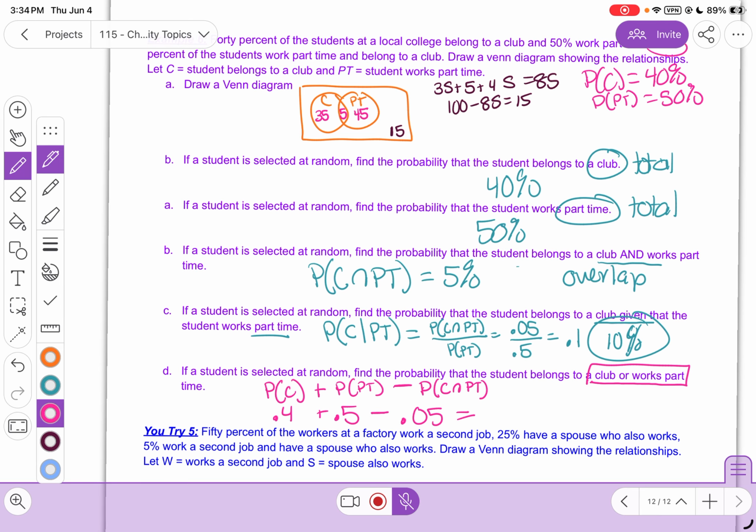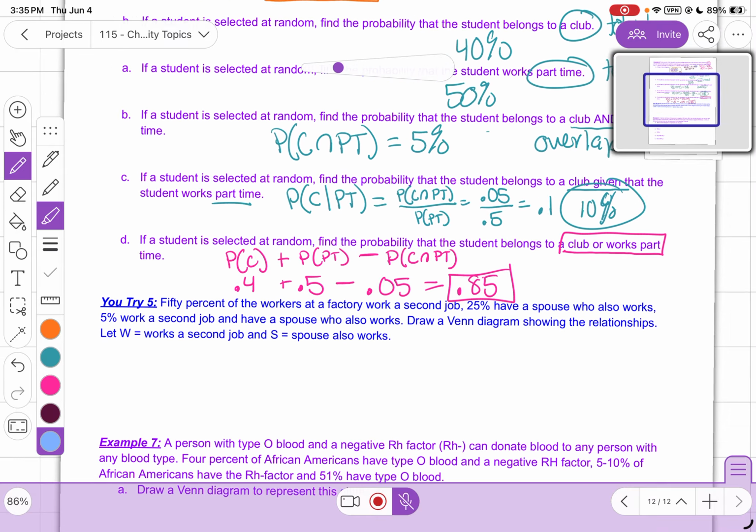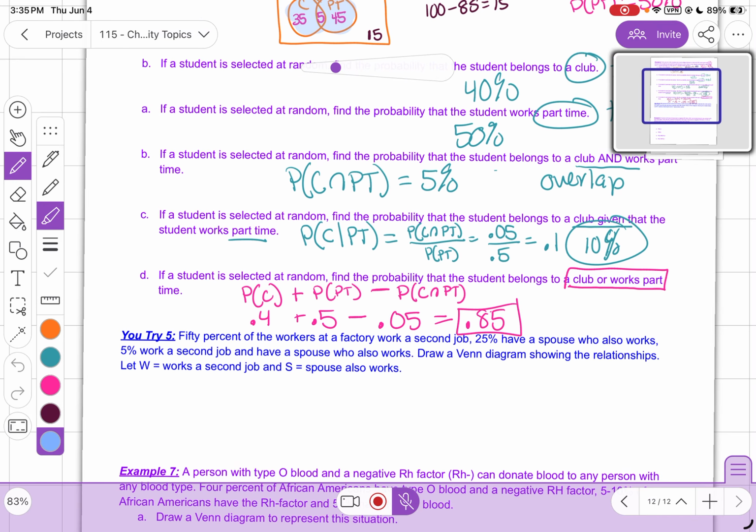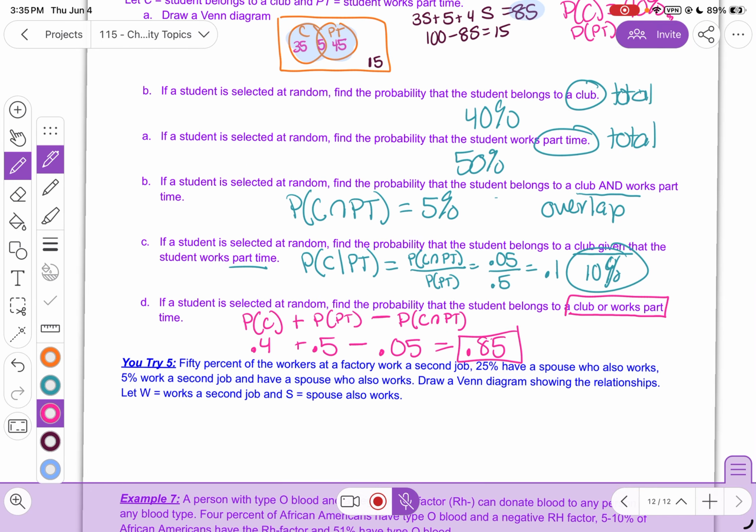So 0.4 plus 0.5 minus 0.05 is 0.85. So mathematically, we get 0.85, which is the same thing we got when we added those three up. Hopefully that makes sense. So pause the video and see if you can do the U-try.